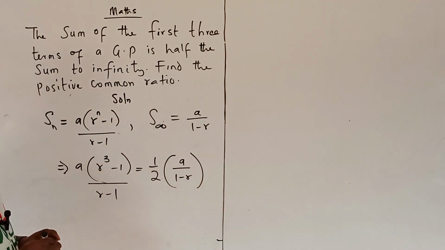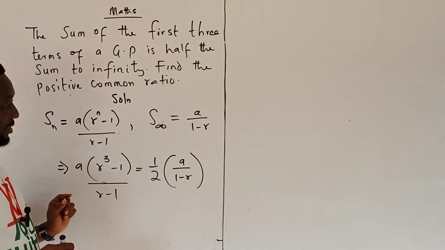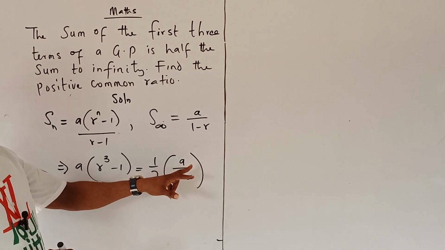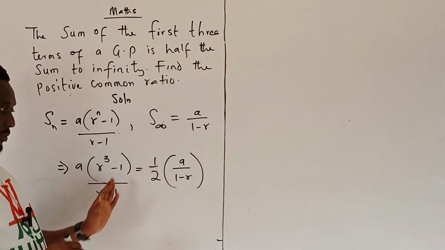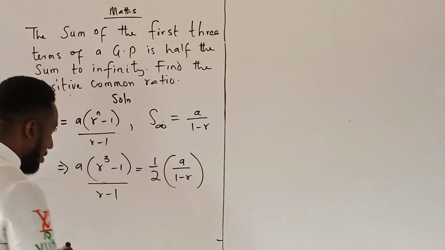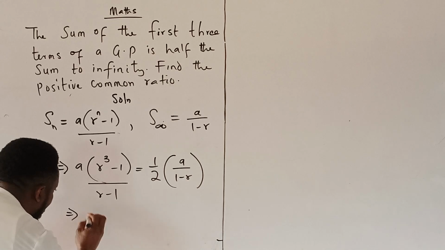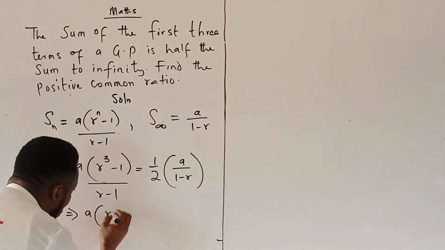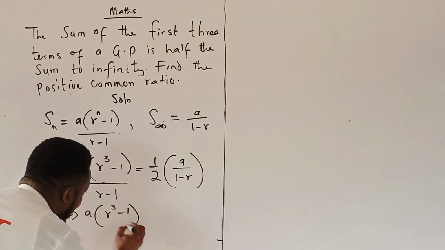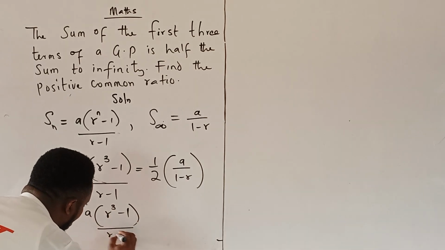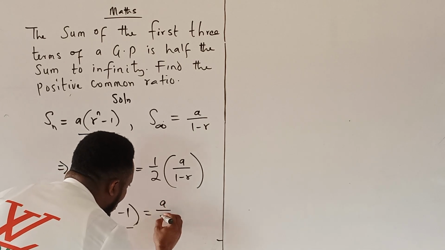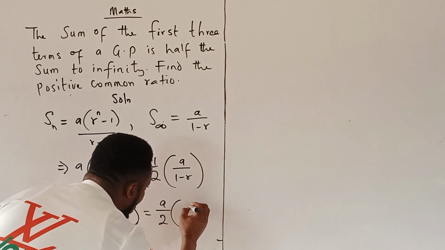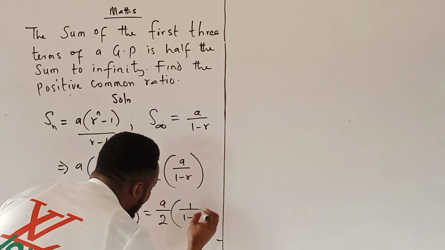So this is our very first step. As you can see, the first term a is outside the parentheses on the left, and on the right side it is inside the parentheses. So we shall take a out, then we can eliminate it. We can write this as a into (r cubed minus 1) upon (r minus 1) equal to a upon 2 into 1 upon 1 minus r.